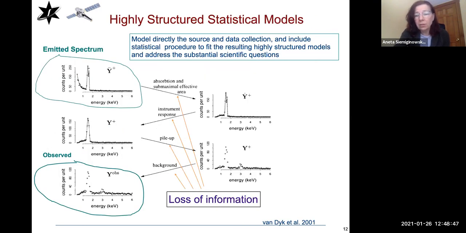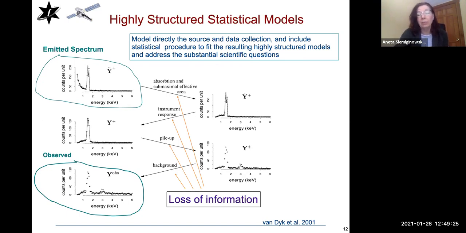And in 2001, this was our first paper where we attempted to look at statistical models for spectral analysis. This graph shows, at the top, the emitted spectrum, our description of the source. Then, going through different levels of modification and loss of the signal, we get the absorption, which modifies the shape of the spectrum. Instrument response modifies it further.